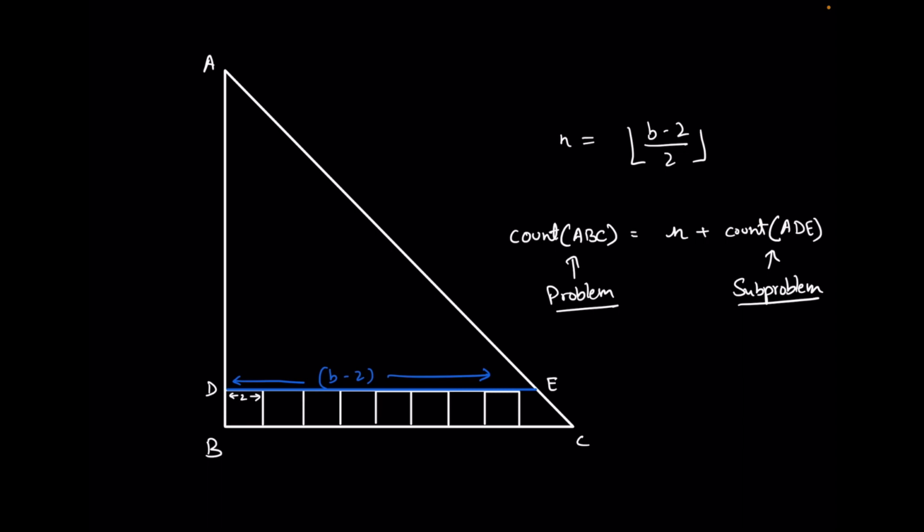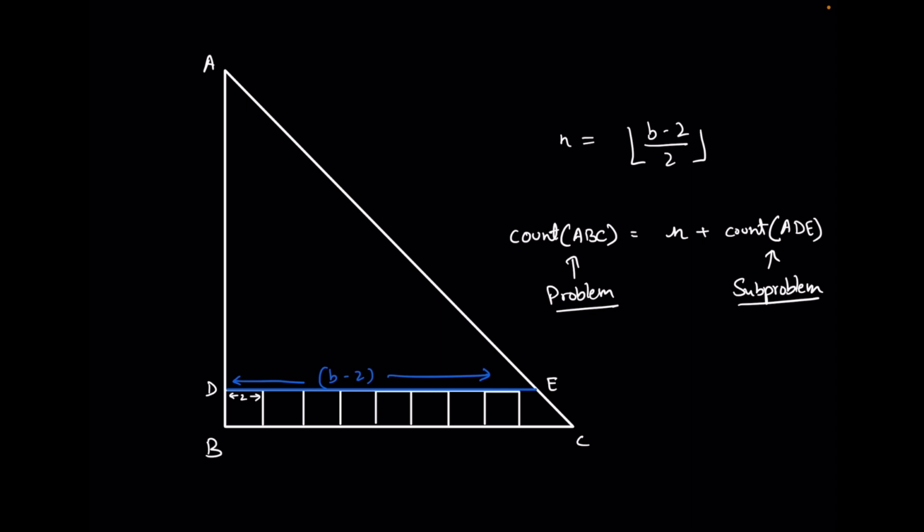How or why, we're not concerned about that. We just assume that if we make this function call count ADE, we're going to get exactly the number of squares that can fit in this triangle ADE. And that is the subproblem assumption technique. You assume that any function calls that you make for any of the subproblems will work out correctly, right? And then you try to find the answer for the problem using these subproblem answers.